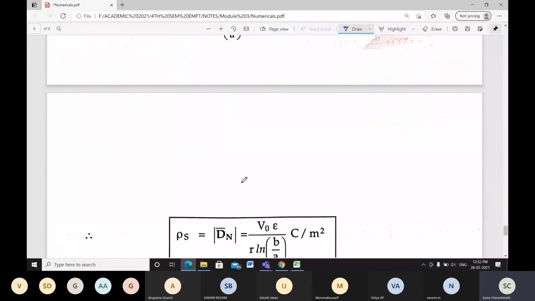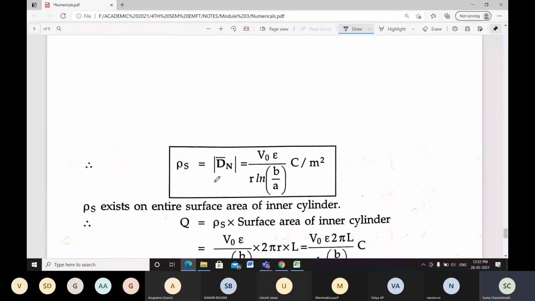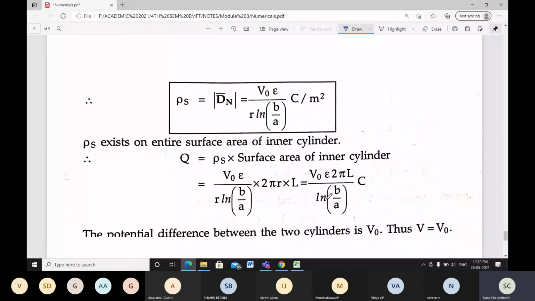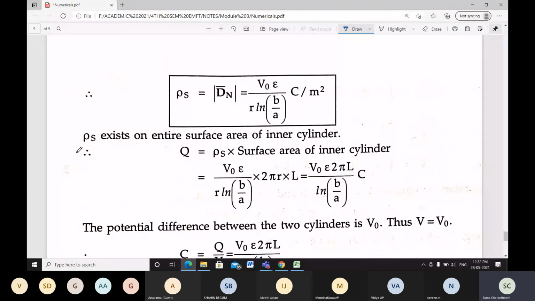Then rho s is going to be only the magnitude of D_n, that is V naught epsilon divided by r ln(b/a) coulombs per meter square. Then rho s exists on the entire surface area of the inner cylinder.